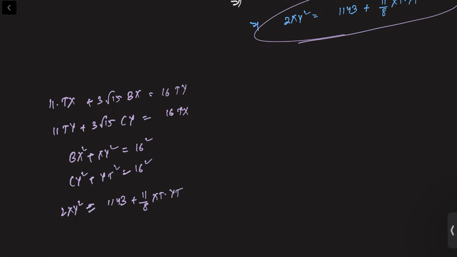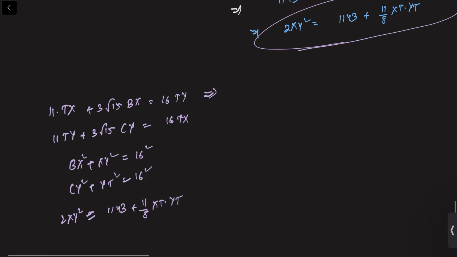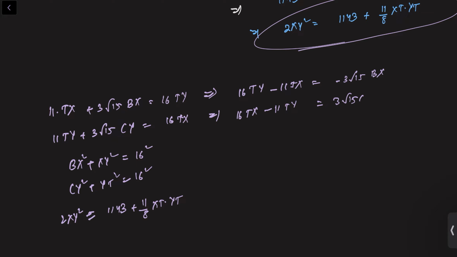So it's just algebraic manipulation now. We just need to find the value of xy by using all these equations. So 16 times ty minus 11 times tx is nothing but minus 3 root 15 bx, and 16 times tx minus 11 times ty is 3 root 15 cy.